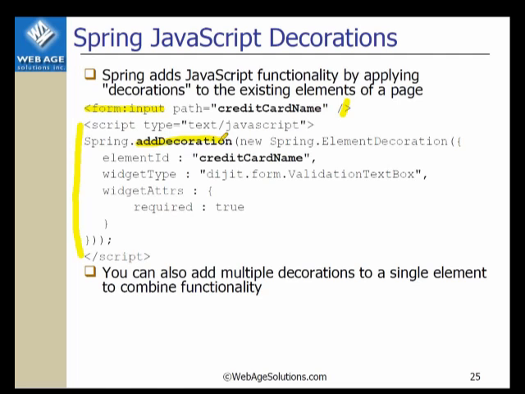This is the custom JavaScript function that Spring JavaScript adds. Notice you give it the element ID credit card name, so this links the two together. It adds this validation JavaScript function to the standard form field. That's basically part of it.